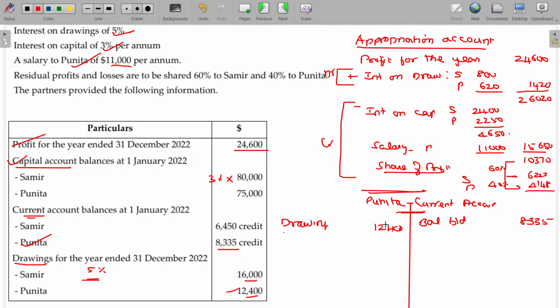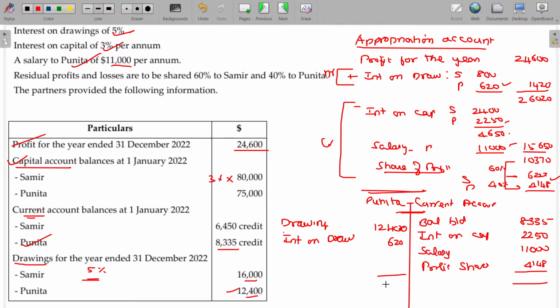So interest on drawings for Punita being 620, and interest on capital for Punita 2,250, and salary to Punita 11,000, and profit share for Punita 4,148.